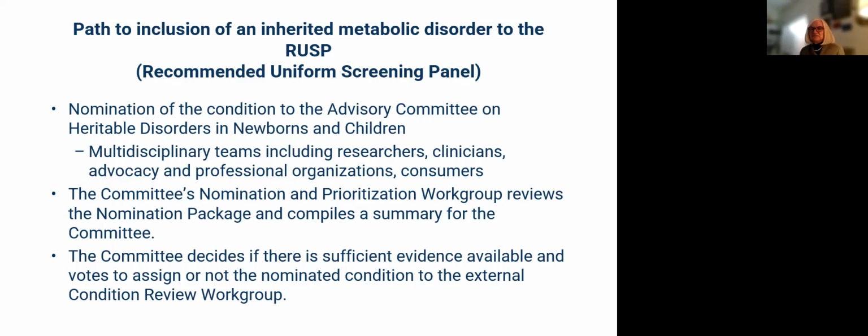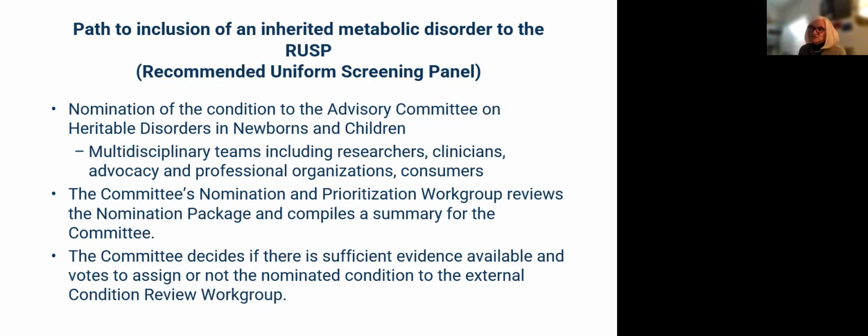Then there is a nomination and prioritization work group that reviews the nomination package and compiles a summary with all the information that they have. And finally, the committee decides if there is sufficient evidence available, and then votes to assign or not the condition to the external condition review group.